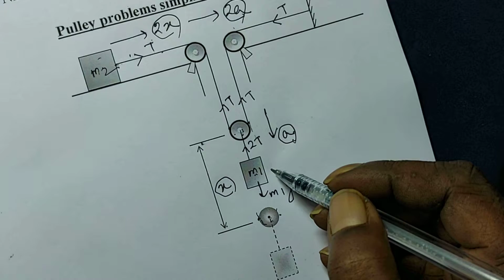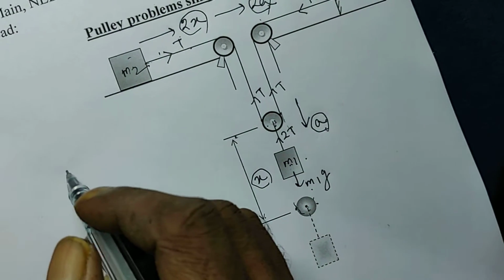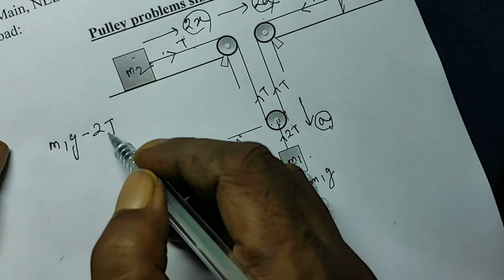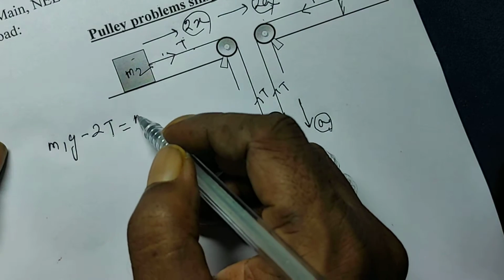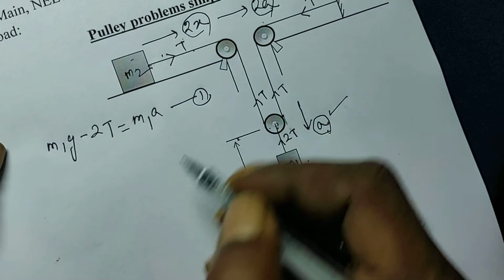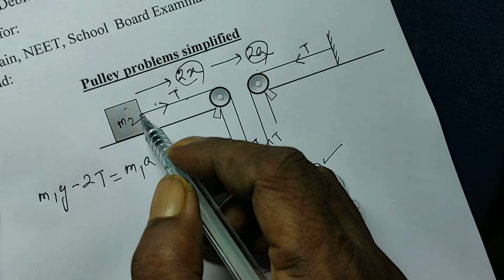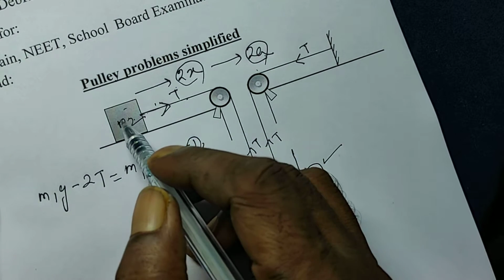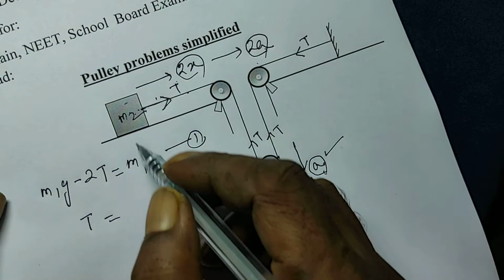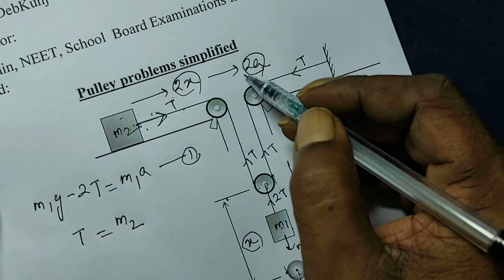So for M1, the equation would look like M1g minus 2T equals its mass times its acceleration, that is M1 times a. And here it is the tension T that is pulling this mass M2 towards the right. So for this, T will be its mass M2 times its acceleration, which I just explained, 2a.